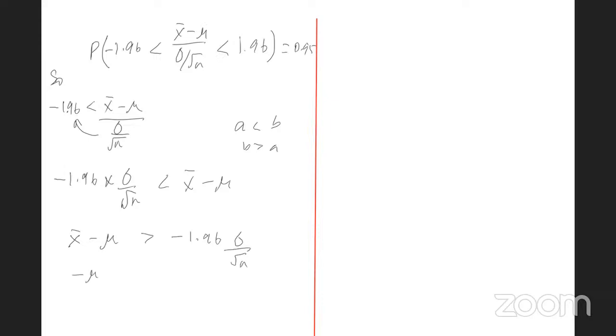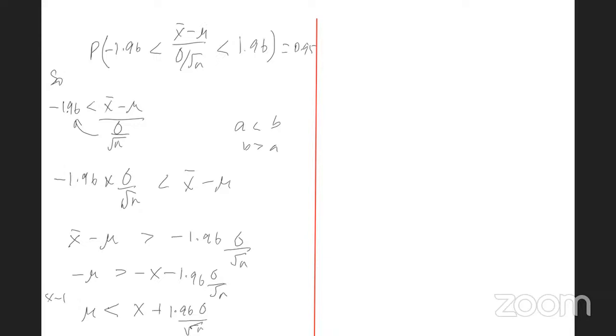Carry across the X bar, you'll get minus mu is greater than minus X bar minus 1.96 sigma on root n, which is the same as mu is less than X bar plus 1.96 sigma on root n. So mu is less than that value.